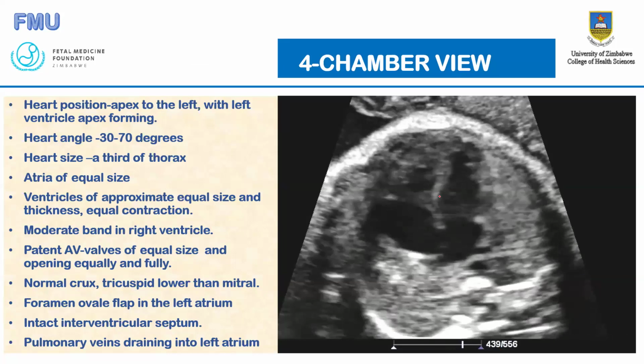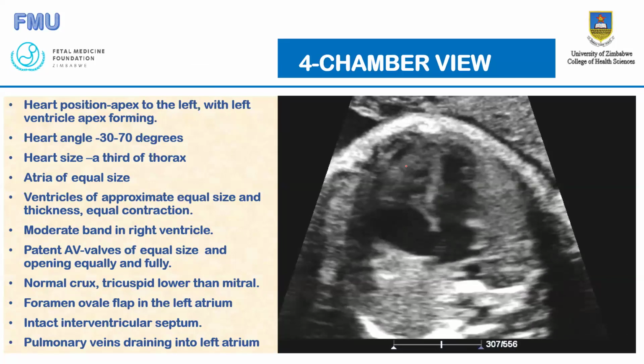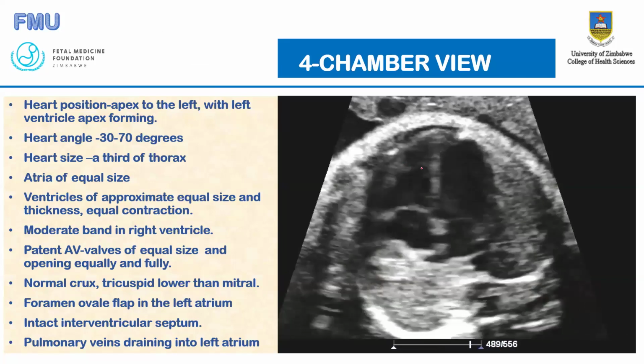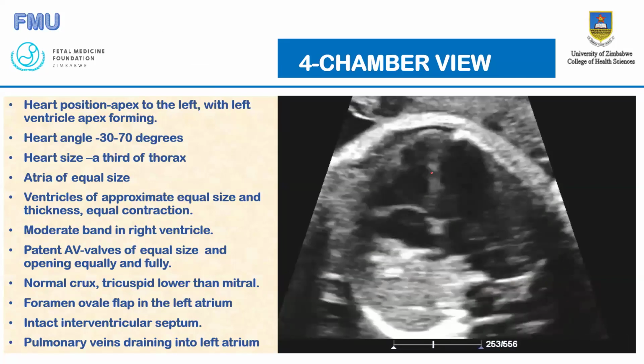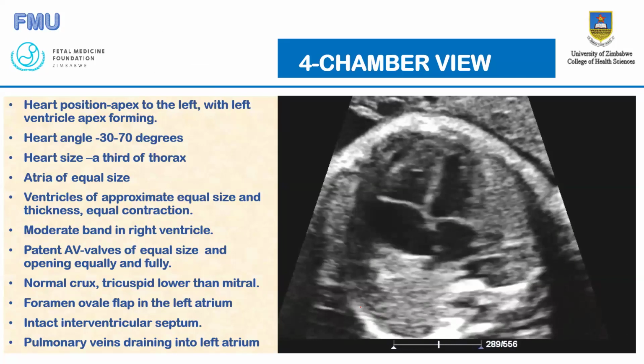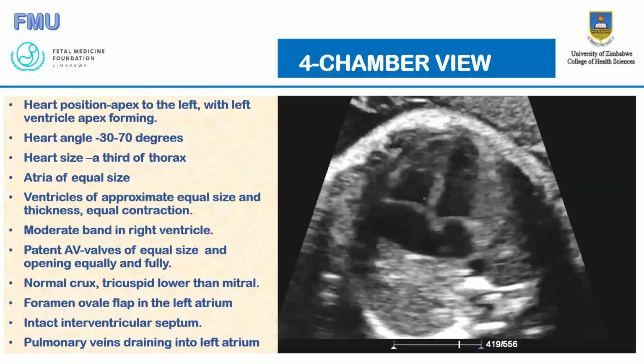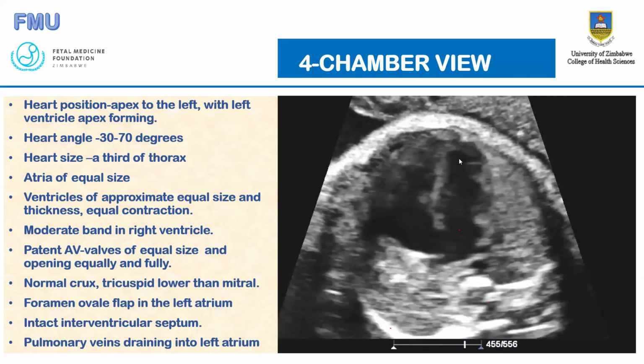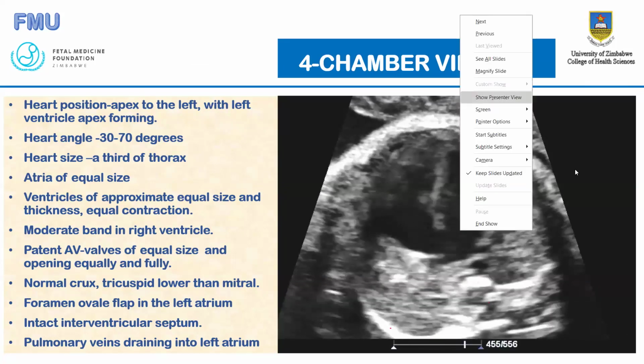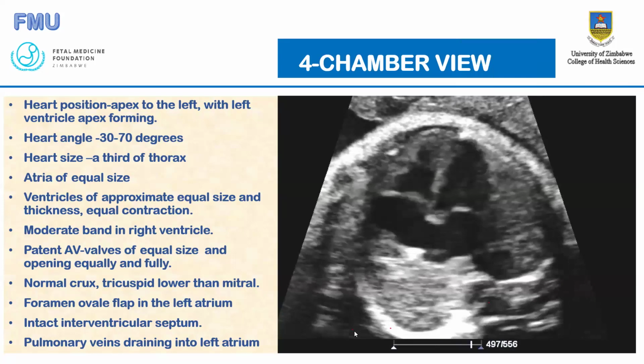How do we identify that this is the left and this is the right? The right ventricle always has a moderator band. This is the moderator band. Let me freeze the image maybe. Right. So, oops. What should I do? Right. Let me.